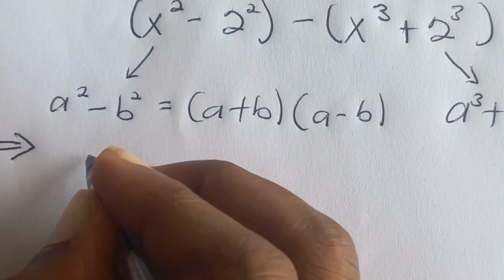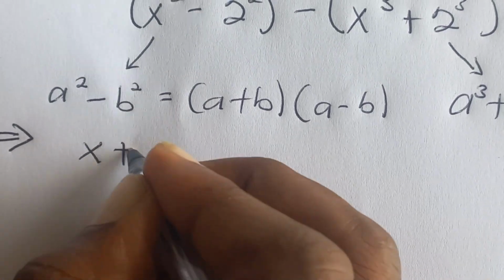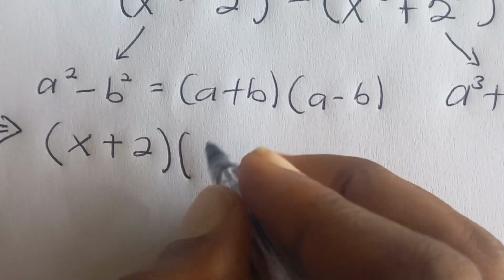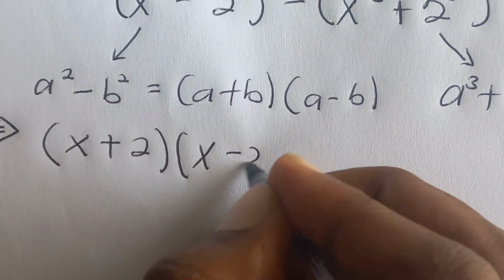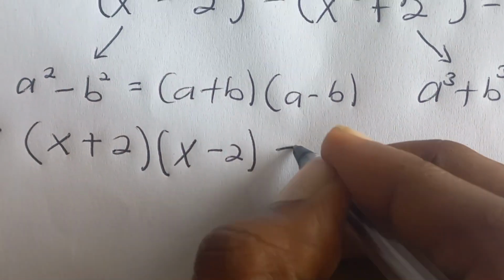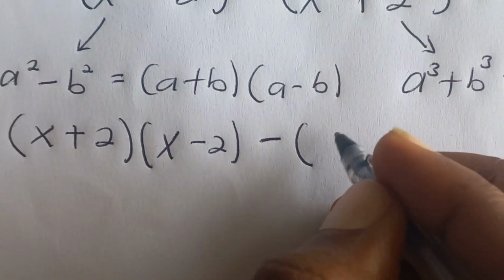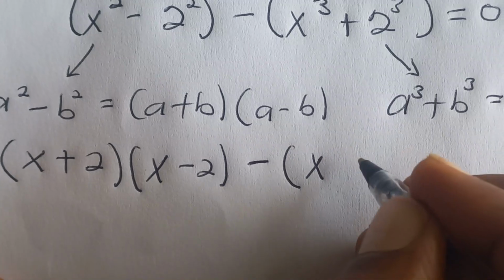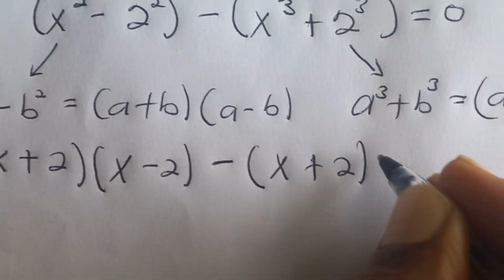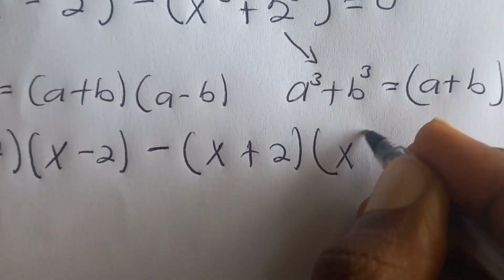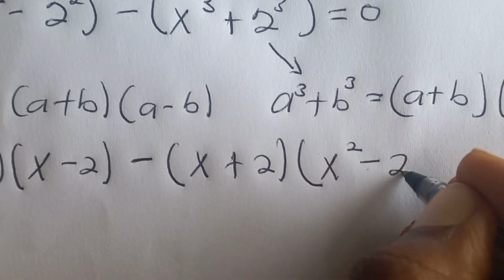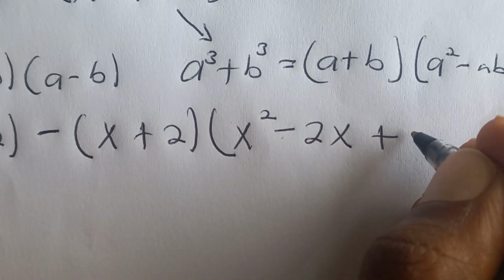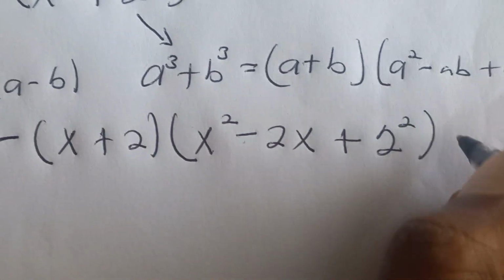We are going to get (x plus 2)(x minus 2) minus (x plus 2)(x squared minus 2x plus 2 squared) is equal to 0.